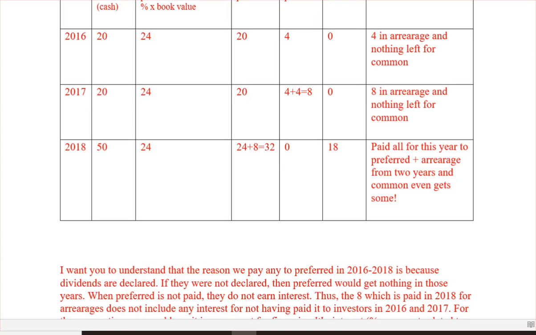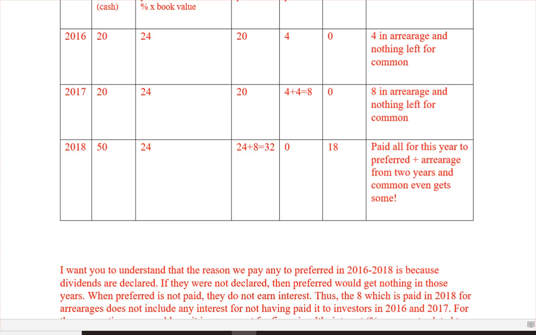Then 2018, we got a little smarter here, and we say, okay, let's declare dividends of 50. Maybe they had a good year. I don't know. So they have declared dividends of 50. They have enough to pay completely the amount which cumulative should be getting for this year, the preferred amount for this year of 24, and they can also go back and pay back for those other 2 years the 8.